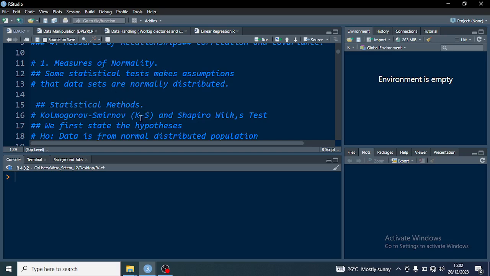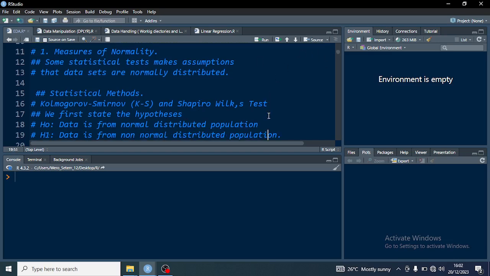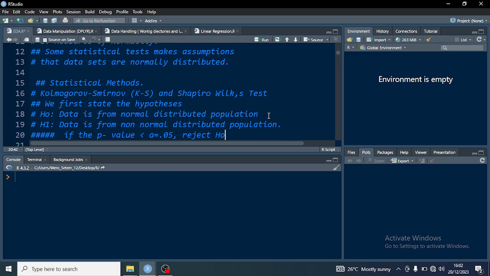We start off with the statistical methods, and in statistical methods, we look at Kolmogorov's test and the Shapiro-Wilk test. In both of these, we are testing a hypothesis. So we have to define our hypothesis. The null hypothesis in the Kolmogorov's test and the Shapiro-Wilk test is that the data set is from a normally distributed population, or the data set follows a Gaussian distribution, and the alternative hypothesis is that the data set does not follow a Gaussian distribution.